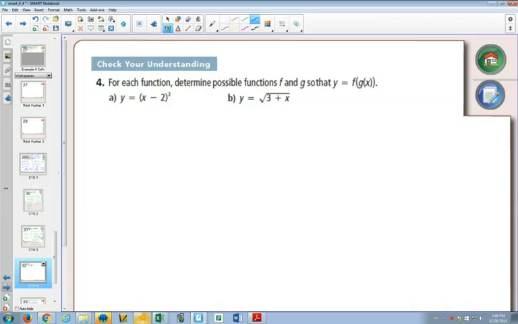So they tell us the answer when it's combined is x minus 2 cubed. The way that we have to think about composition of functions is you have one function inside of another function. Can you see that g of x is inside of f of x?